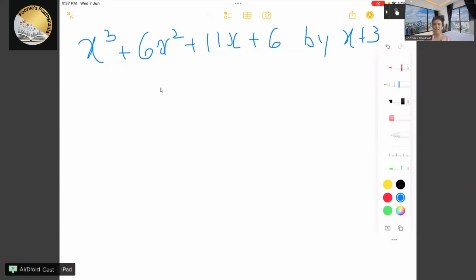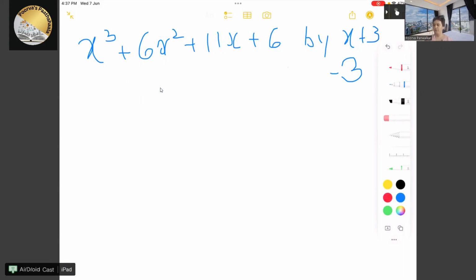So first, my divisor is x plus 3. I equate x plus 3 to 0 to get my numeric value, which is x equal to minus 3. So the minus 3 becomes my divisor. Now, does it seem slightly simple? Let me erase this so that I get enough space.